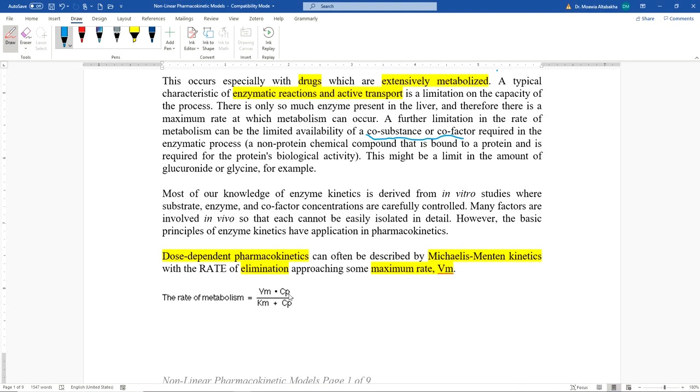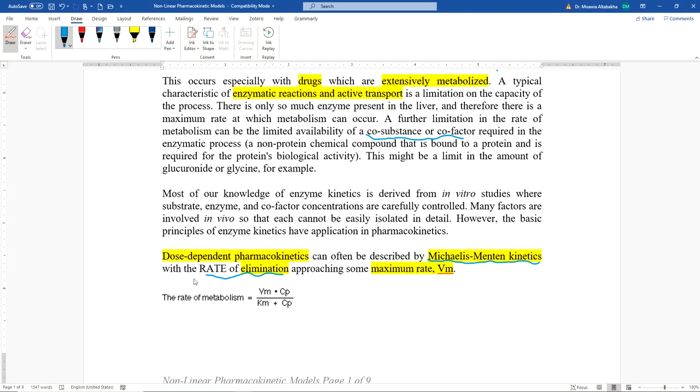Now, they found that the best equation that deals with concentration or dose dependent pharmacokinetics, we refer to it as Michaelis-Menten kinetics. This equation is the best equation that talks about the rate of elimination for drugs whose pharmacokinetics are concentration or dose dependent.